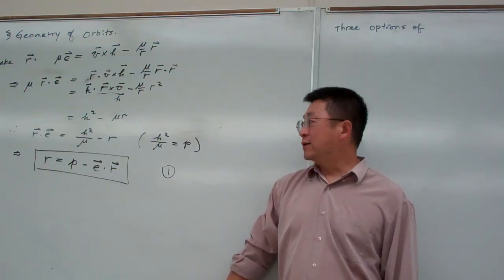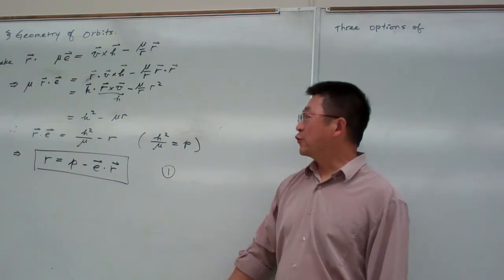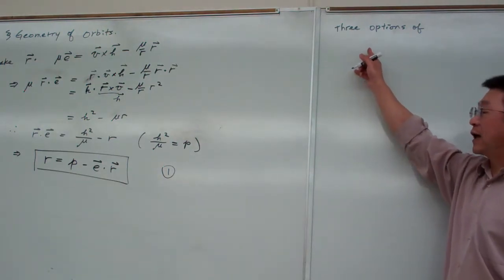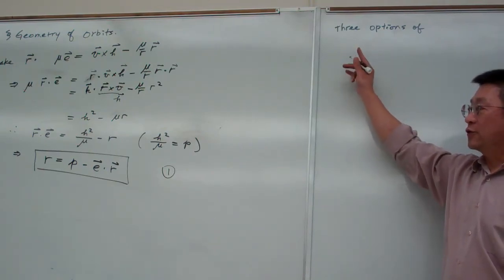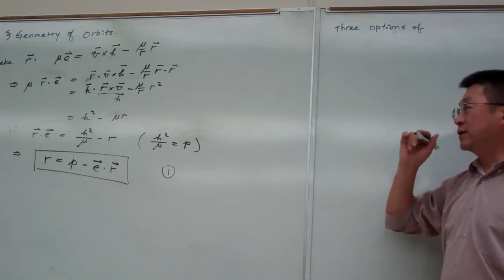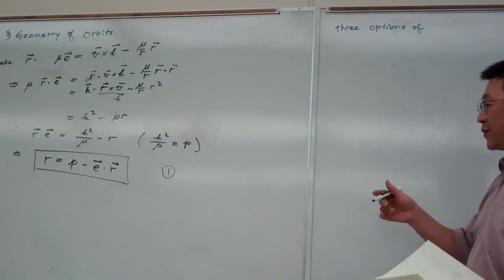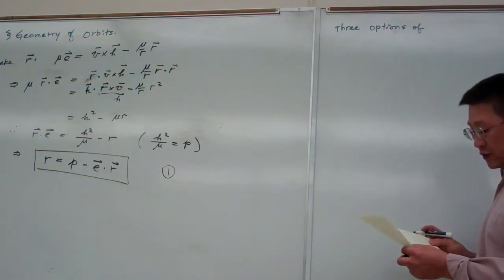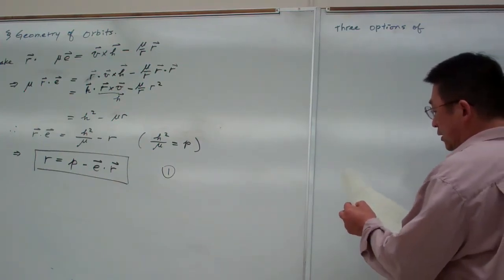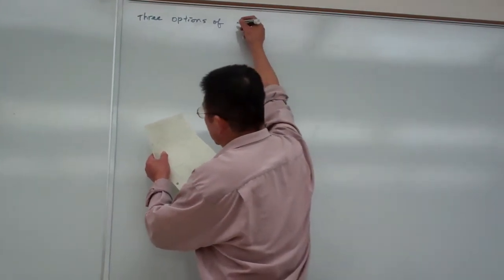Here I want to look into 3 options of placing the origin of the coordinates somewhere in the orbit. We see what happens to this equation, and then we're going to have those foundations prepared for the remaining lectures.